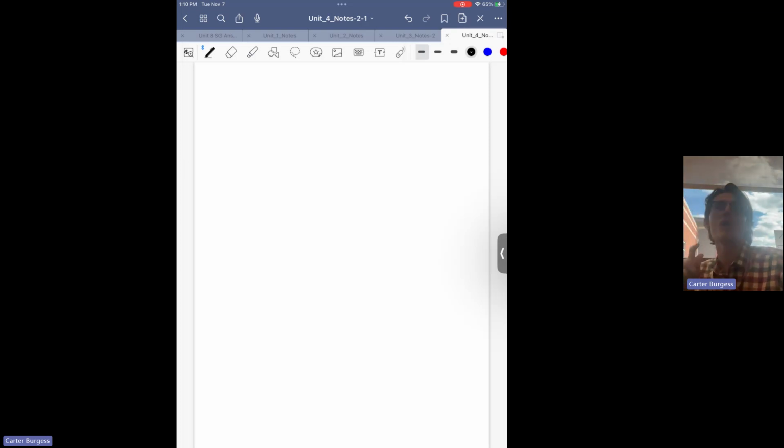We're going to be moving on today to the next identity that we are going to be focusing on, which is called the sum and the difference identities for our trig functions.